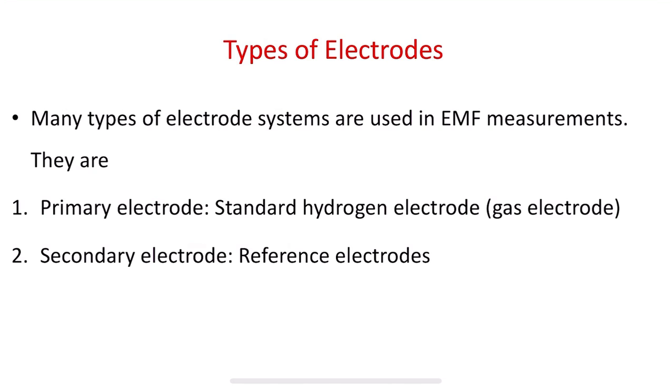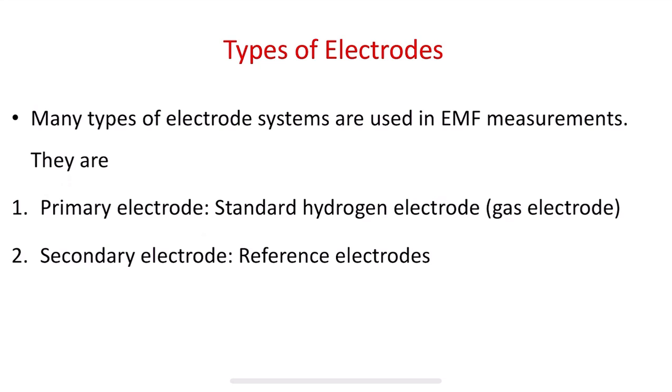And next is types of electrodes. Many types of electrode systems are used in E.M.F measurement. They are the primary electrode, also called a standard hydrogen electrode or gas electrode. And the second is the secondary electrode, and there are two different types of secondary electrodes.